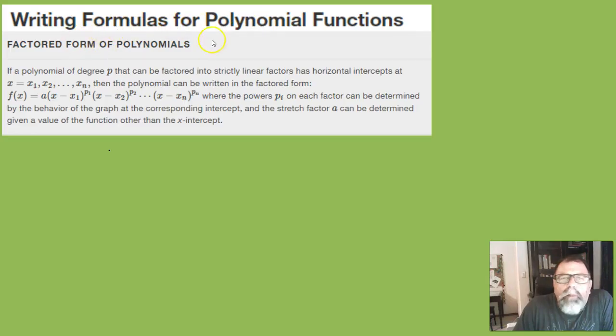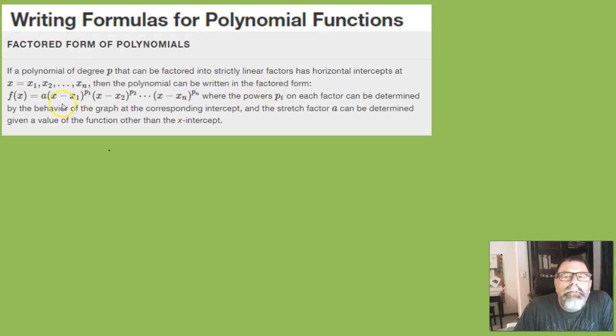Writing formulas for polynomial functions. Factored form of polynomials. If a polynomial of degree n that can be factored into strictly linear factors has horizontal intercepts at x equals x sub 1, x sub 2, up to x sub n, then the polynomial can be written in factored form.